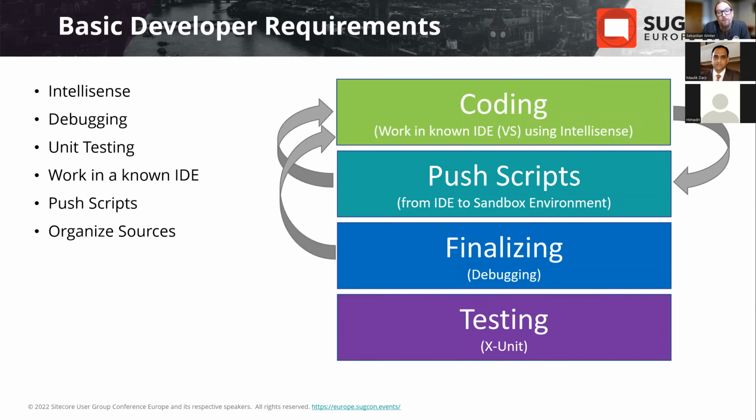So we needed to fulfill the same requirements that we had before as developers. We want to debug our scripts, right? We want to test our scripts with unit testing as well as regression testing, and I will present that later in a short demo. We needed to be able to push and build our scripts from our IDE into a sandbox environment and not just copy pasting everything into the online editor.